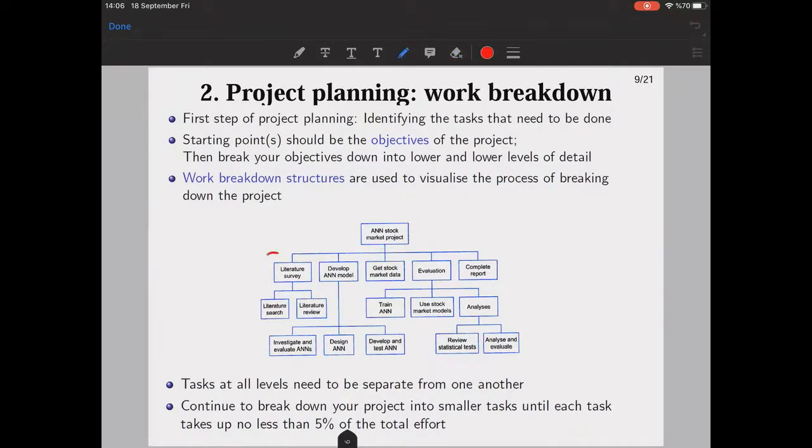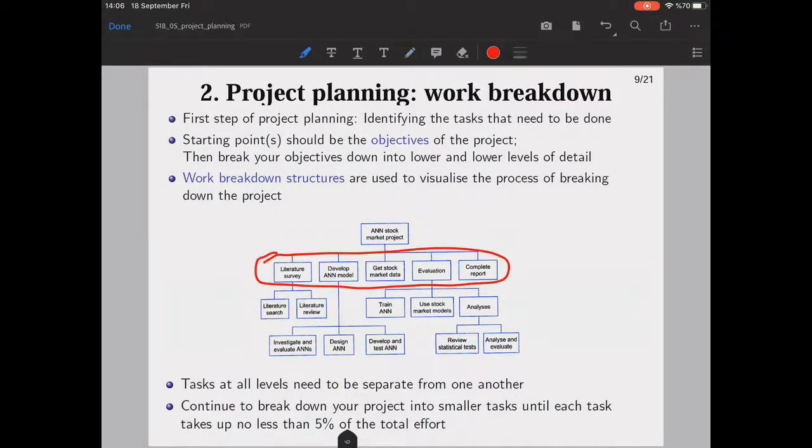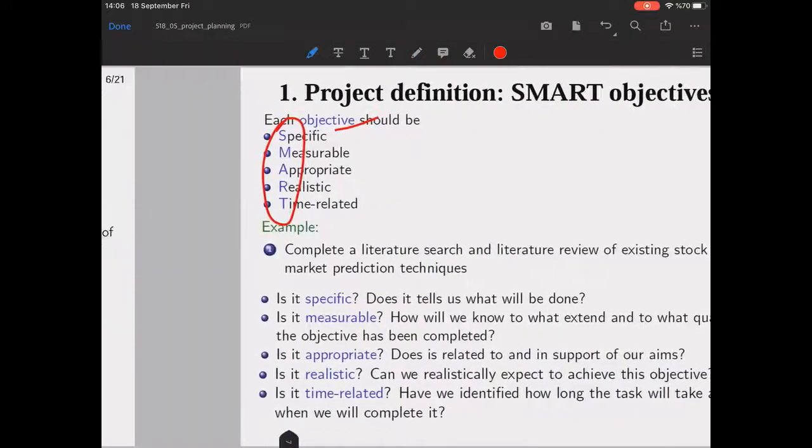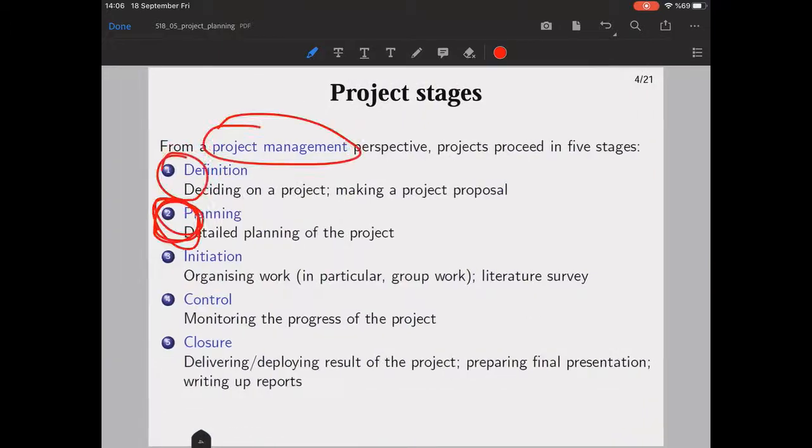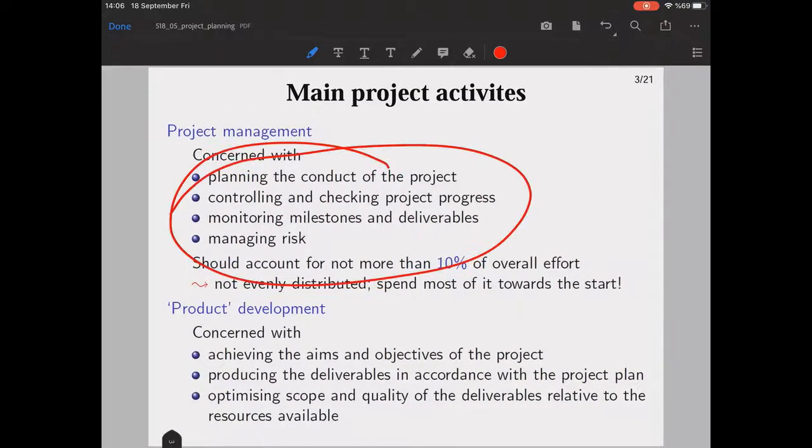And what we're doing will help you to achieve your ultimate goal. And what are they? They are your objectives. As you see, five of them.